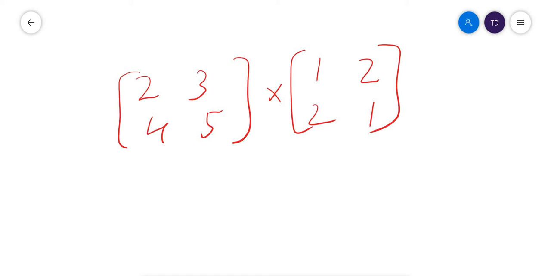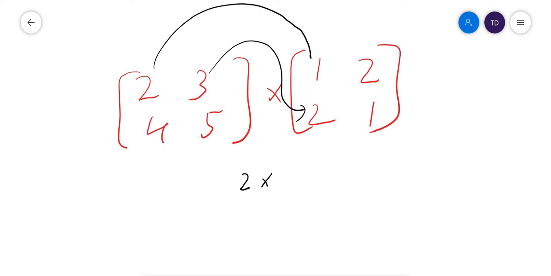So how do you multiply? The first row you will multiply with the first column of the second matrix. These two you will multiply, then these two, and add them. That means the first element of the product is 2 into 1 plus 3 into 2.